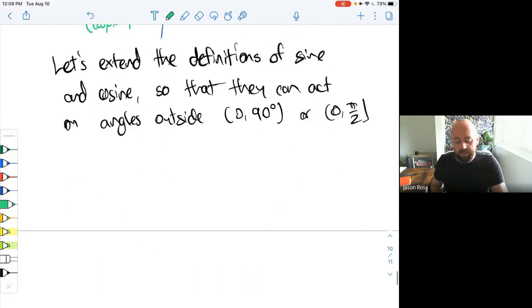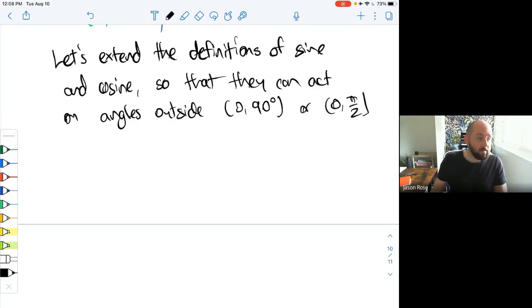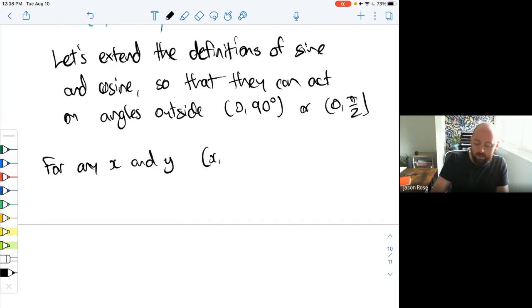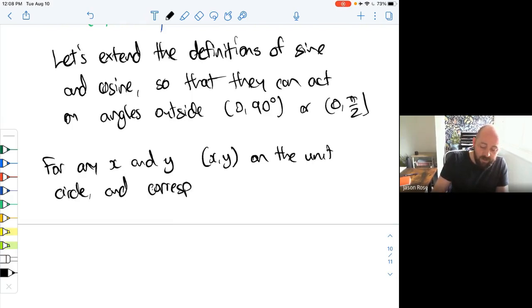So the definition that we're now extending is what we're saying is for any x and y, or pair that you're considering on the unit circle, and it has a corresponding angle, right?